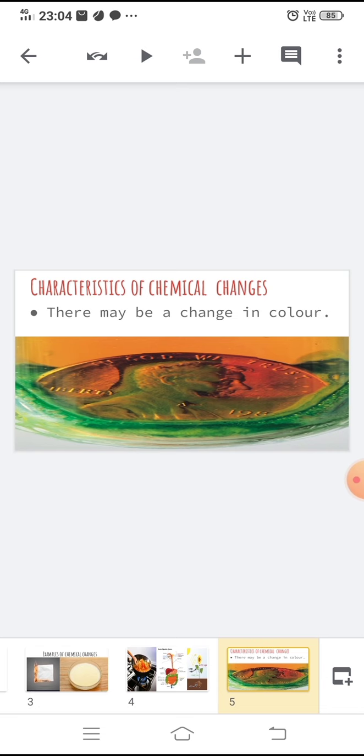Example of change in color: copper reacts with oxygen, water and carbon dioxide to give copper carbonate, which changes color from brown to blue or blue-green. Rusting, browning of fruits are other examples of change of color.